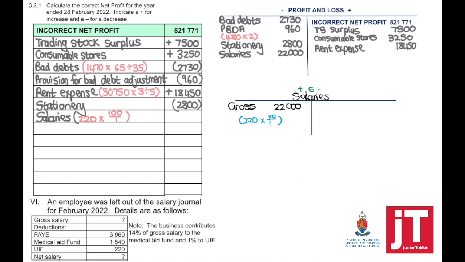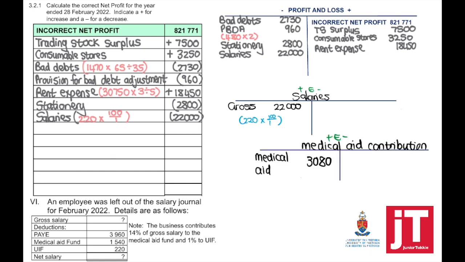If my salary is an expense which is debited, it will increase. It means that will have a negative effect on the net profit. The business contributes 14% of the gross salary to the medical aid fund. This means that I've calculated now the gross salary. We can take that times 14%, and that will be the medical aid contribution.